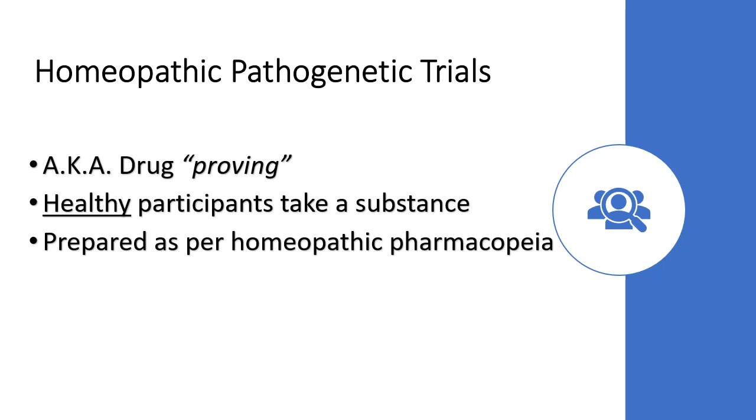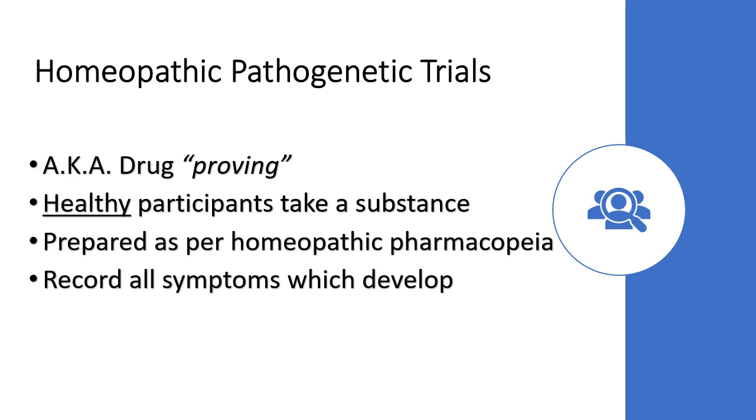This substance is prepared as per the homeopathic pharmacopoeia, which is not the point of discussion in this lesson. And the record of all the symptoms is collated. It uses many volunteers who are in a normal state of health, and they cover a large spectrum of people: men, women, girls, boys, elderly, young, people with certain ailments which they are suffering, and what are the changes in symptoms that they observe.